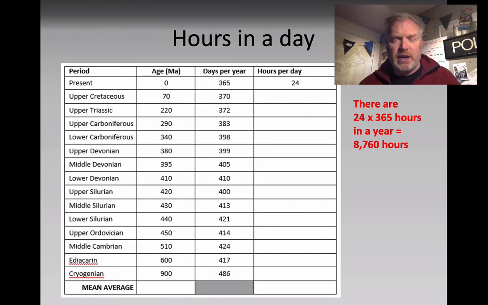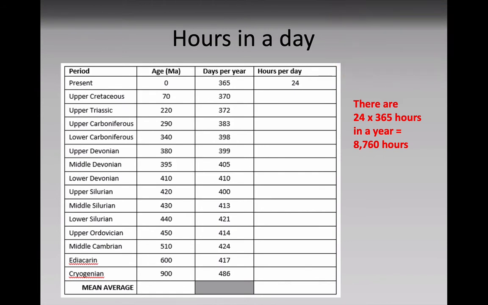And we can work that out by dividing those 8,760 hours by the number of days per year. Have a go at that now and complete the rest of that table. Once you've done that as well, can you work out the mean averages of the ages and also the mean average hours per day? Have a go at that now.